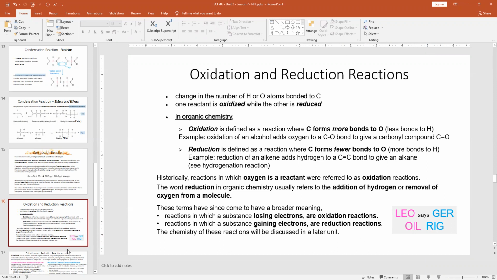But for now, what's important to remember is that oxidation is also where you have carbons forming more bonds to oxygen, whereas in reduction, your carbon is forming fewer bonds to oxygen, and vice versa, making more bonds to hydrogen and fewer bonds to hydrogen during an oxidation.